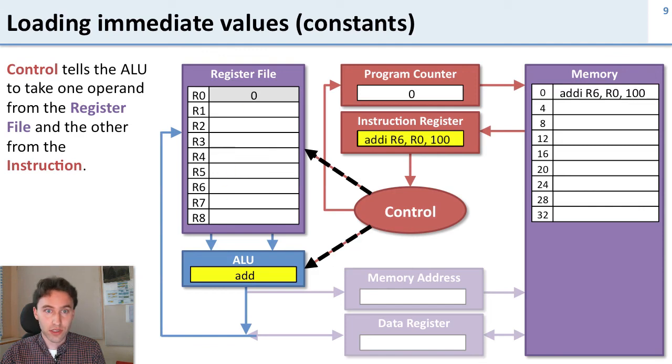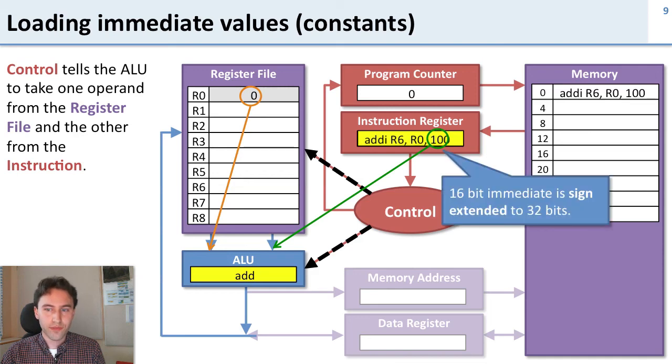So we're loading one of our values from the register file, and the other value directly from the instruction. This allows us to use the value in the instruction, and that's how we get constants in there. Now, this is a 16-bit immediate, and we have a 32-bit ALU, so we sign extend it to 32 bits. Finally, we write the result back, and this is how the immediate values are used.